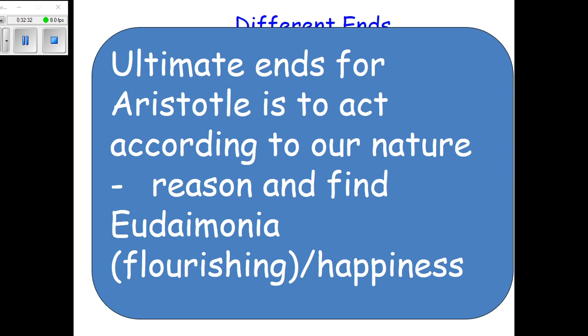Okay? So far we have looked at the difference between Plato and Aristotle. We have looked at the idea of potentiality and actuality. We've looked at Aristotle's empiricism. We've looked at the four causes. And we've looked a little bit at Aristotle's ethics as well.